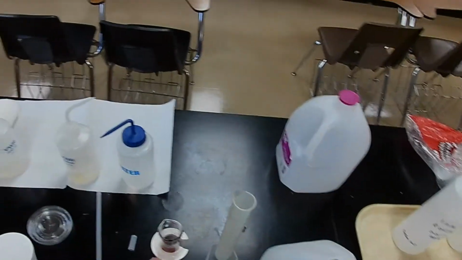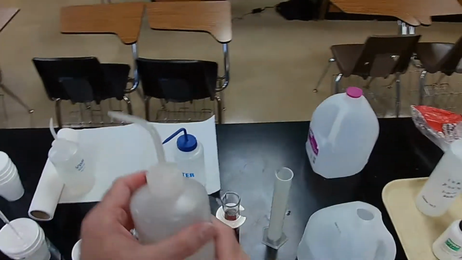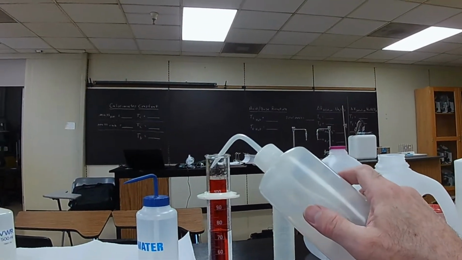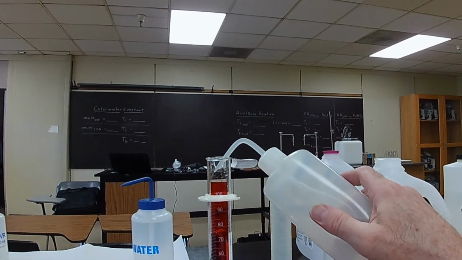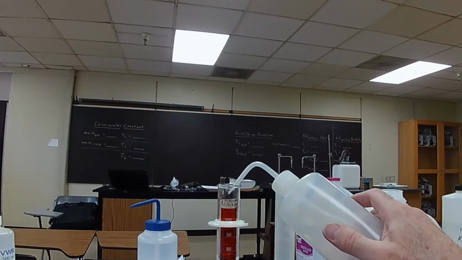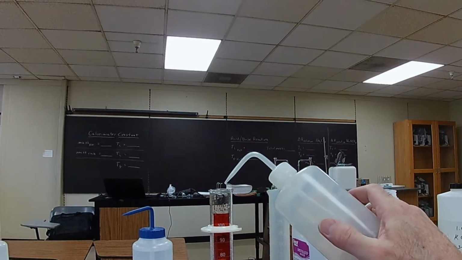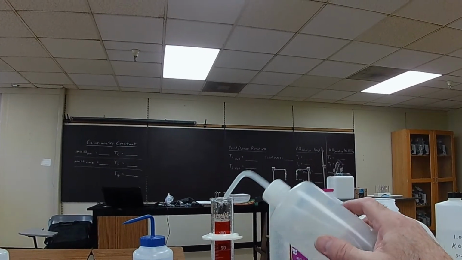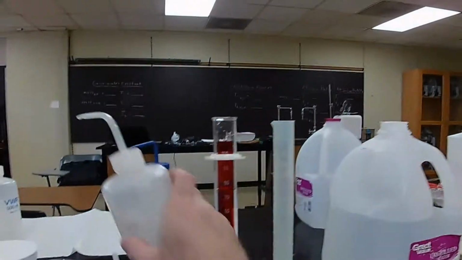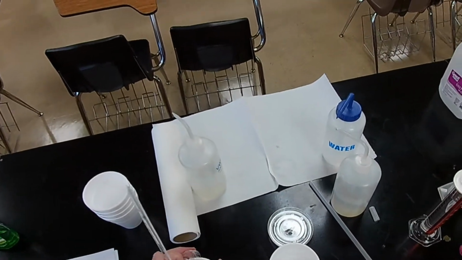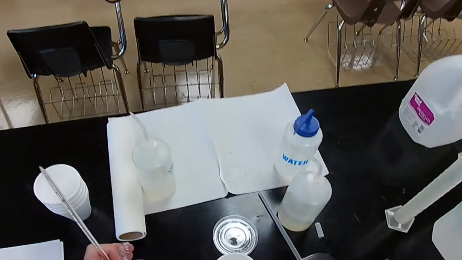All right, so I'm going to use this, and remember, you read the bottom of the meniscus, the curve of the liquid. A little more. There we go. 75 milliliters of room temperature water goes in the calorimeter.